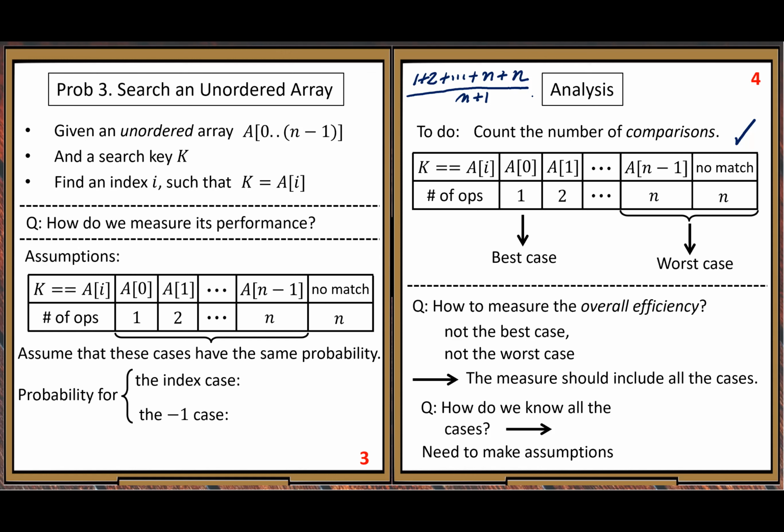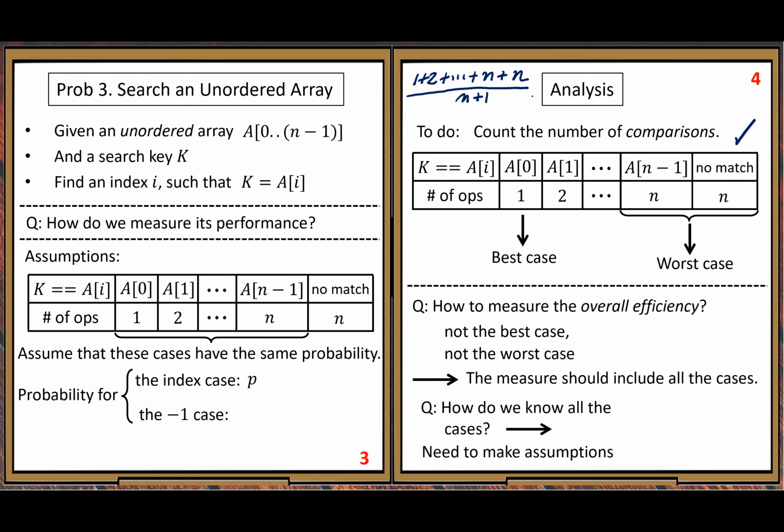The matching case is the index case, where you can find a matching array element. The matching case occurs with probability P. That means this P should be given at the beginning. How to get that?